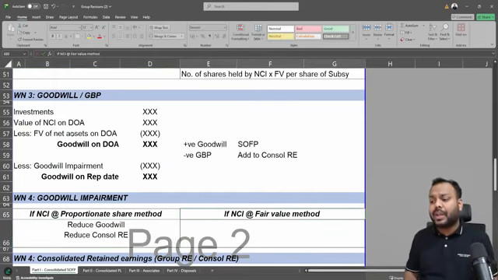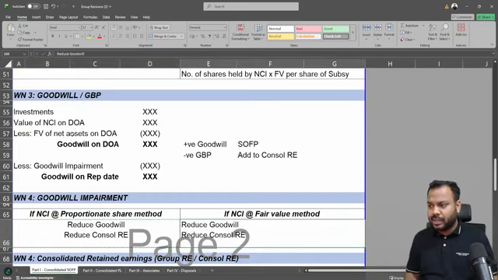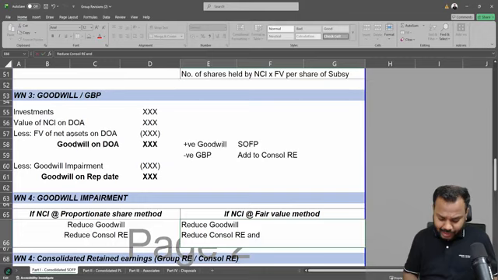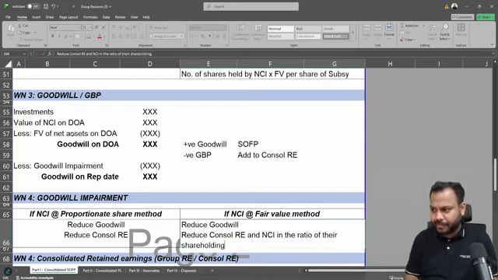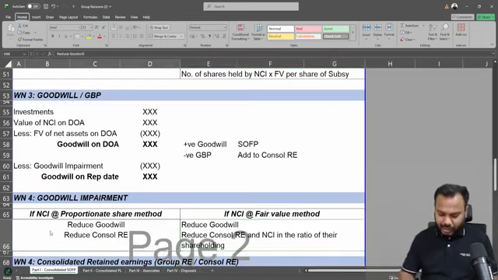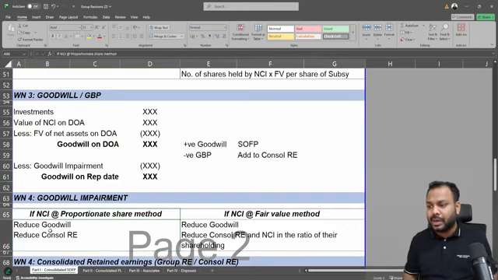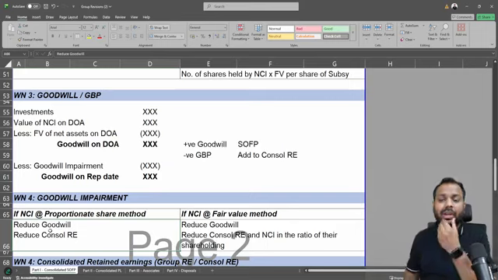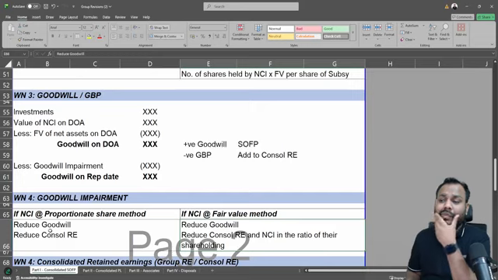If NCI is at fair value method, then reduce goodwill, reduce consol RE and NCI in the ratio of their shareholding. Is it clear, everyone? So basically, if NCI is at proportionate share method, we take the impact of goodwill impairment to consol RE. But if NCI is at fair value method, we take the impact to consol RE and NCI.